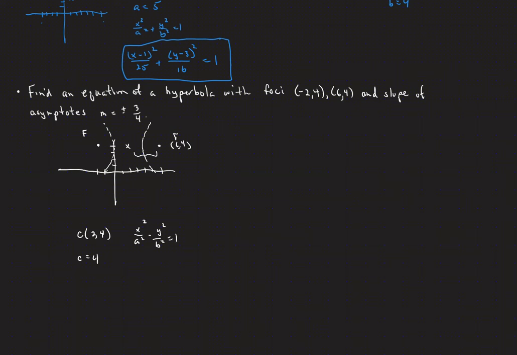We also know that the slope of that asymptote is going to be a rise of b and a run of a. So that means b over a is equal to 3/4. So let's see, how's that going to help us? We know that to find the foci in a hyperbola is c squared equals a squared plus b squared.